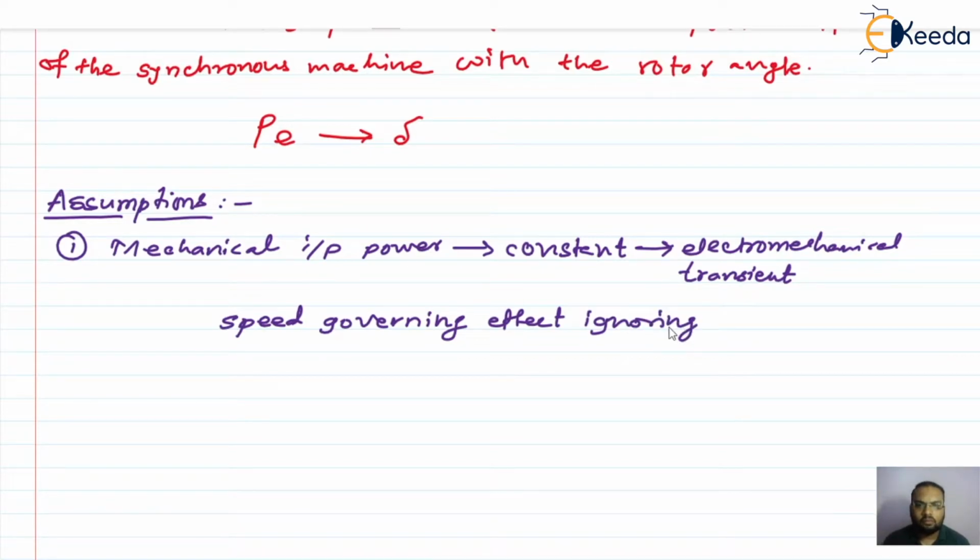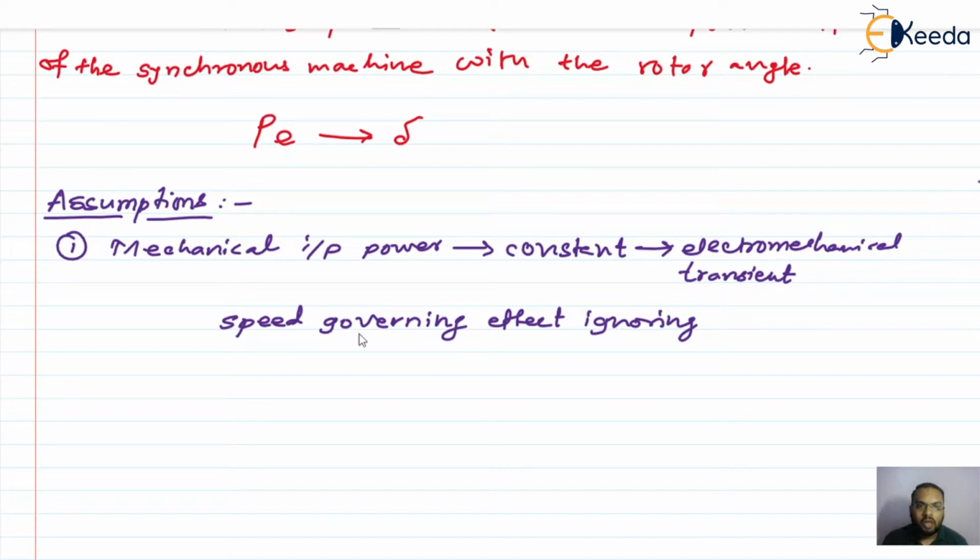Okay, why we are doing so? You see, this electromechanical transient, as I said, will last for some order of seconds. It will be up to, let's say, 10 to 15 cycles. During that period the mechanical input changes are assumed to be constant. Why is it so? See what the speed governor does whenever there is a change on the load side: accordingly it increases or decreases the mechanical input to the alternator by opening or closing of the steam turbine valve.